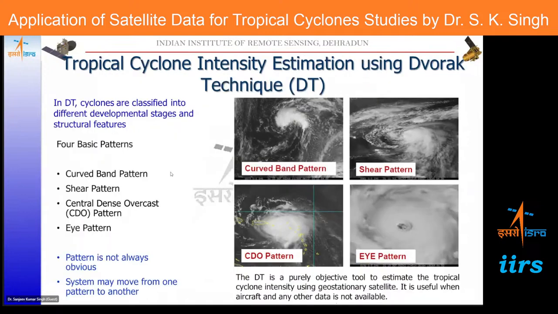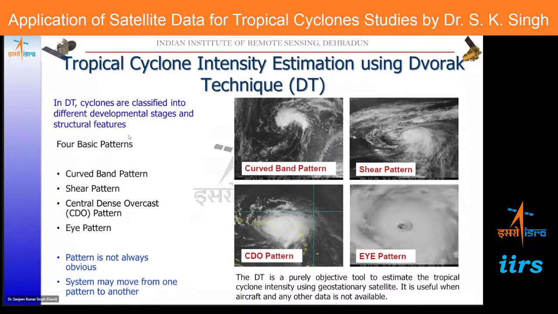Now coming to intensity estimation, because intensity is one of the major parameters of a tropical cyclone. It decides how deadly a tropical cyclone can be. For intensity estimation, there is a well-known method called the Dvorak technique.